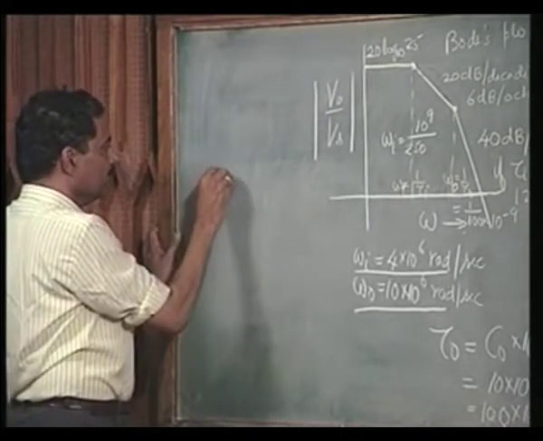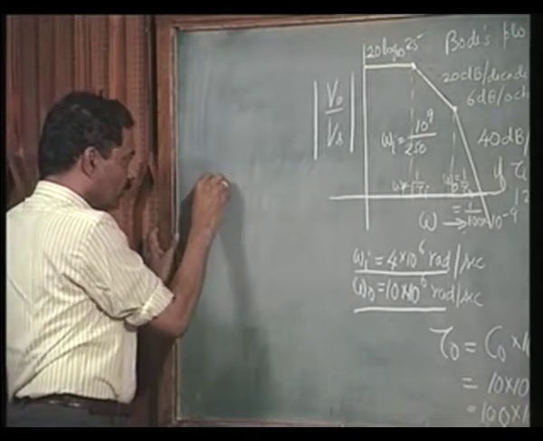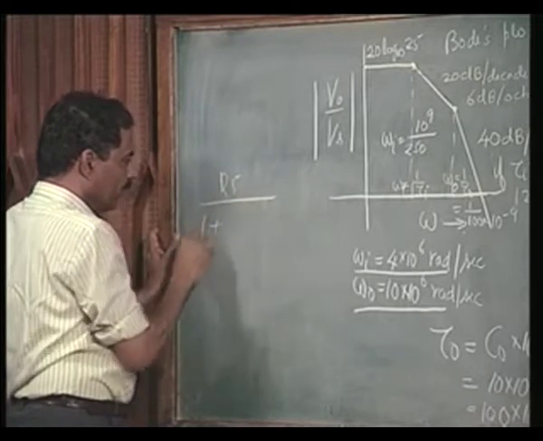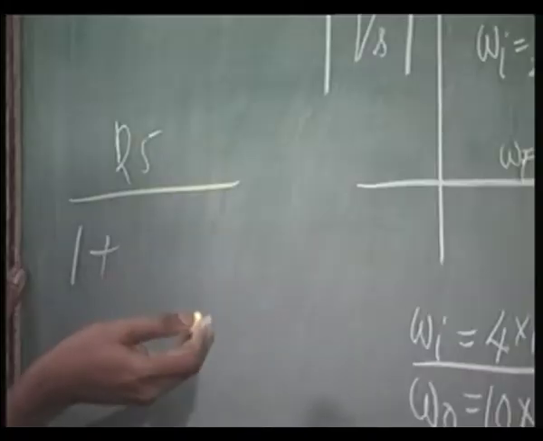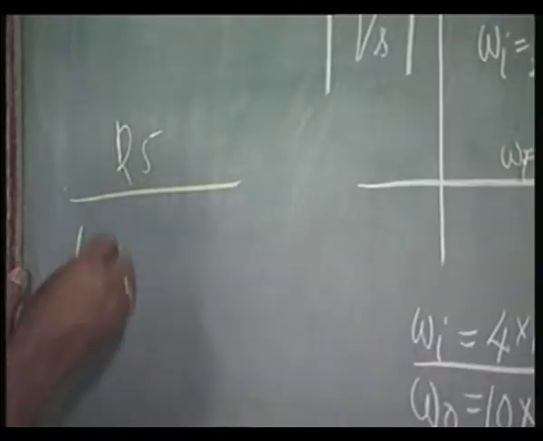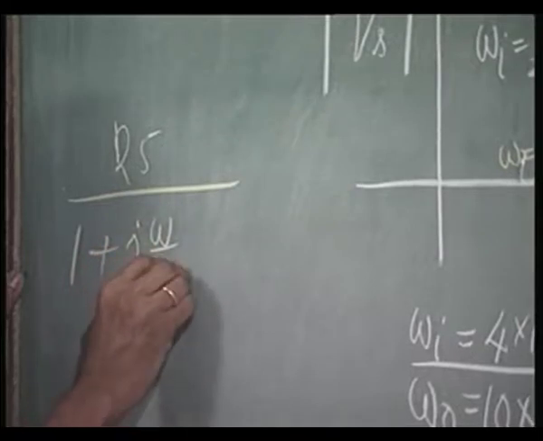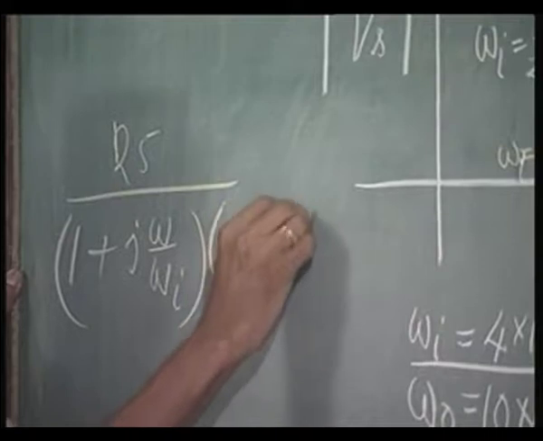So, if omega I and omega naught are comparable, then the actual gain is 25 by 1 plus j omega by omega I, times 1 plus j omega by omega naught.